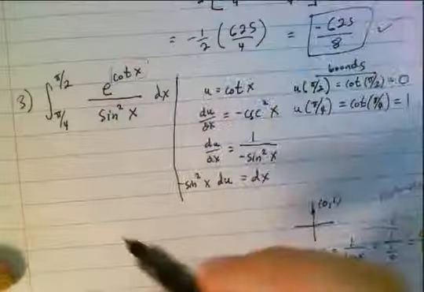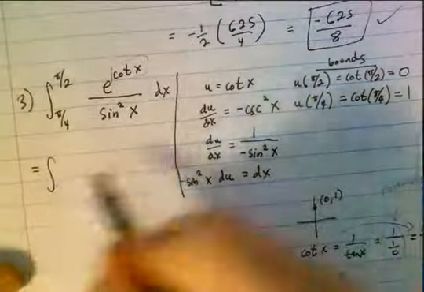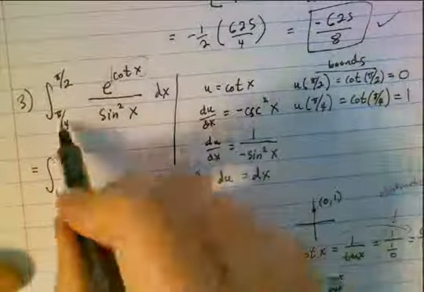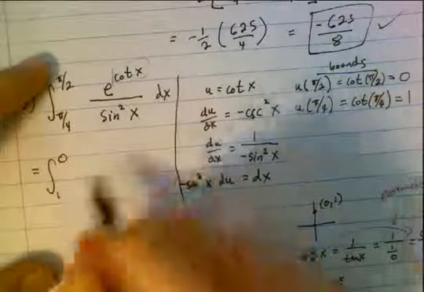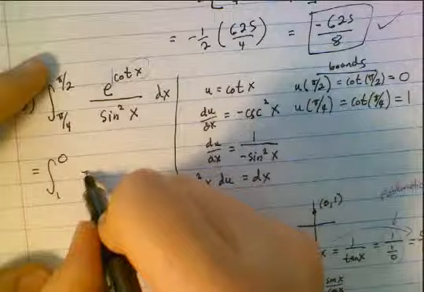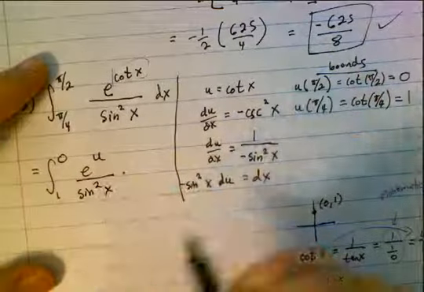So coming all the way over here again, this is the integral from 1 to 0. Remember, what's on the bottom stays on the bottom. And then u is cotangent of x, so e to the u over sine squared x.